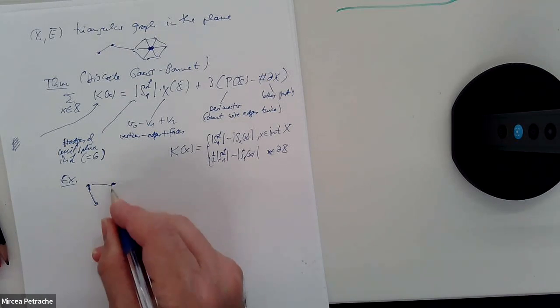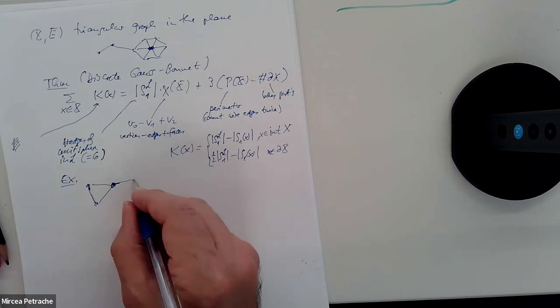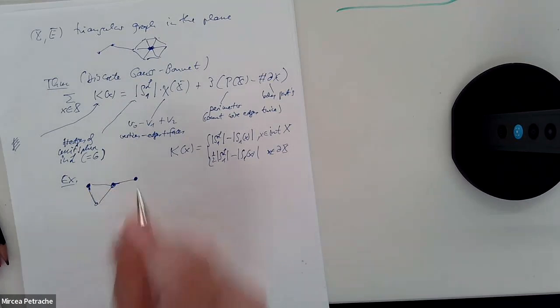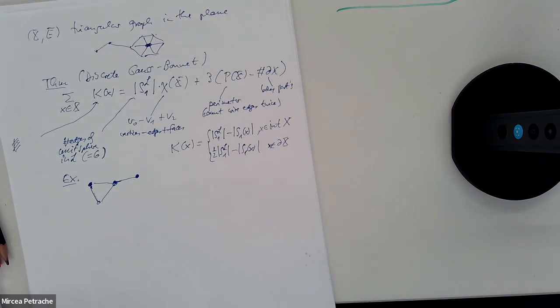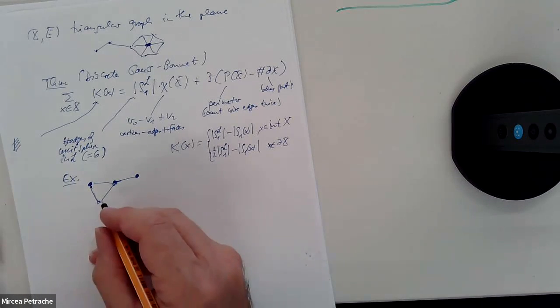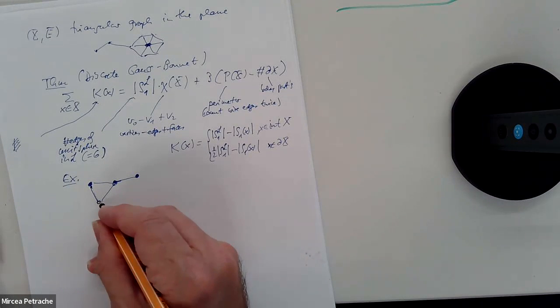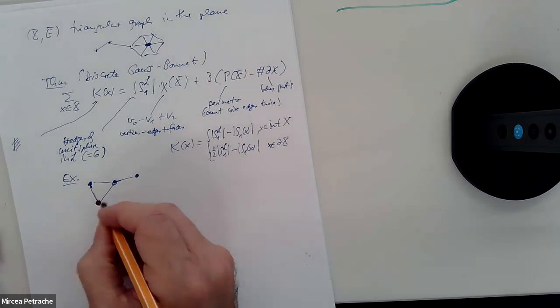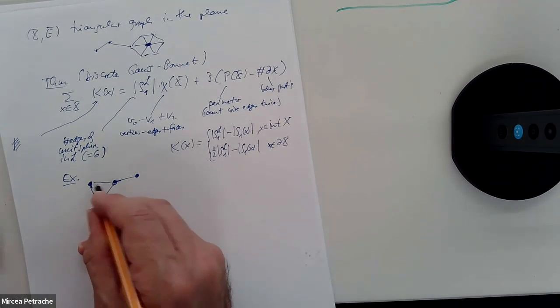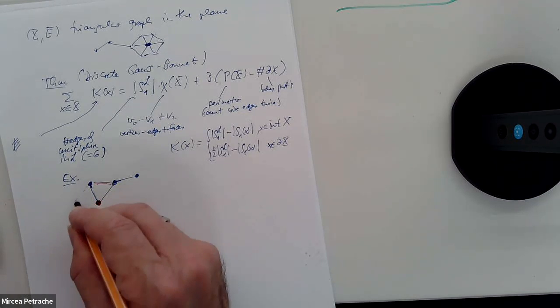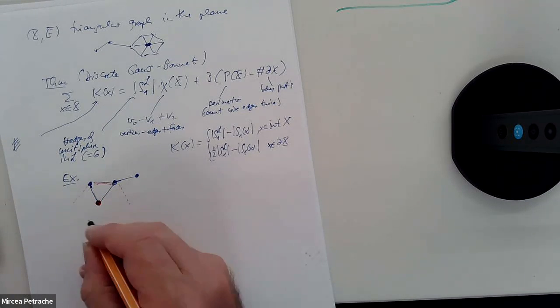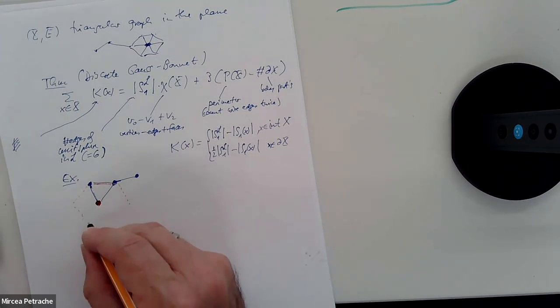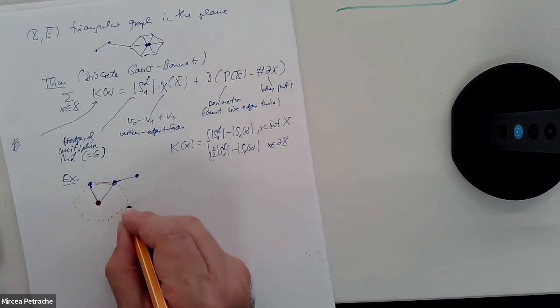So let's compute. Let's do maybe this example here. Let me start by doing the curvatures. Here all particles are boundary particles. So let's start with this guy. Its unit sphere has pretty few edges. It has only this one, because this one is not there, this one is not there, this one is not there, this one is not there, and this one is not there.